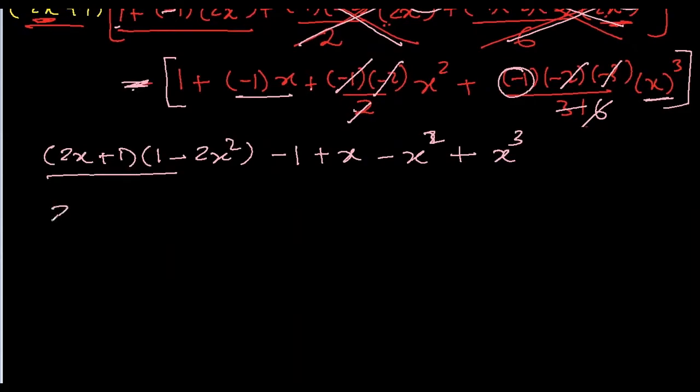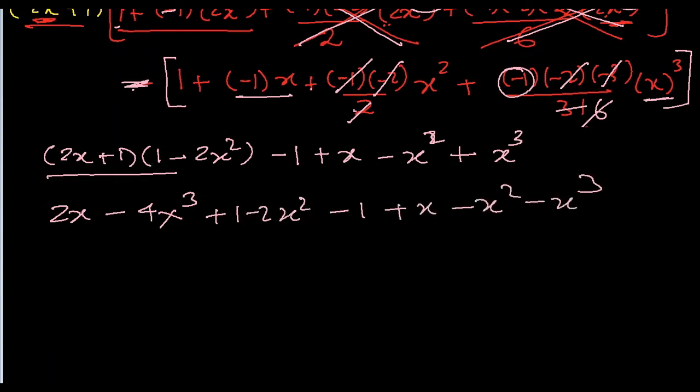Open the bracket first, so it will be 2x minus 4x cube plus 1 minus 2x square and minus 1 plus x minus x square minus x cube. Plus 1 and minus 1 cancel out. Let's write minus 4x cube, and it was plus x cube, sorry.